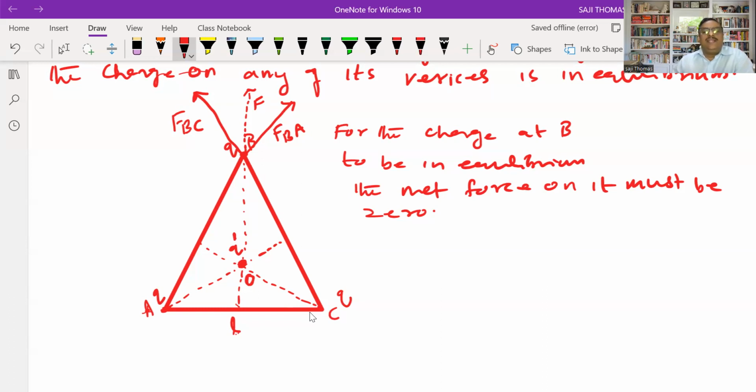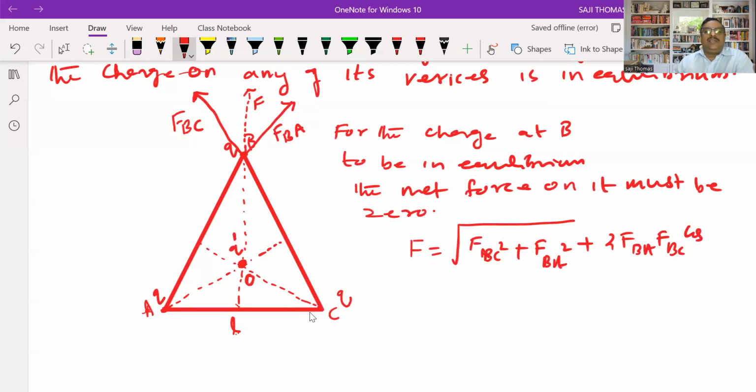So we can write F as root of FBC square plus FBA square plus 2 FBA FBC cos of the angle. It is an equilateral triangle, so what is the angle? 60 degrees, cos 60.